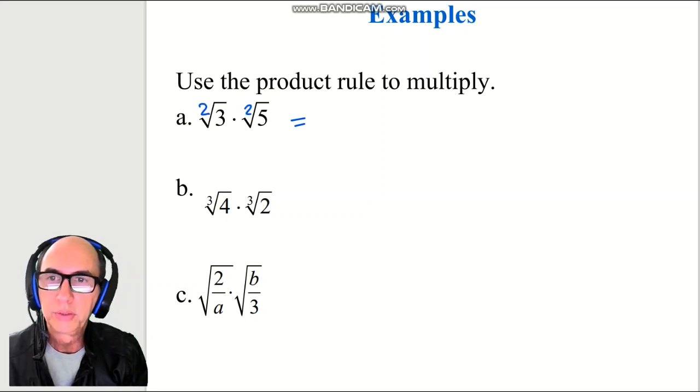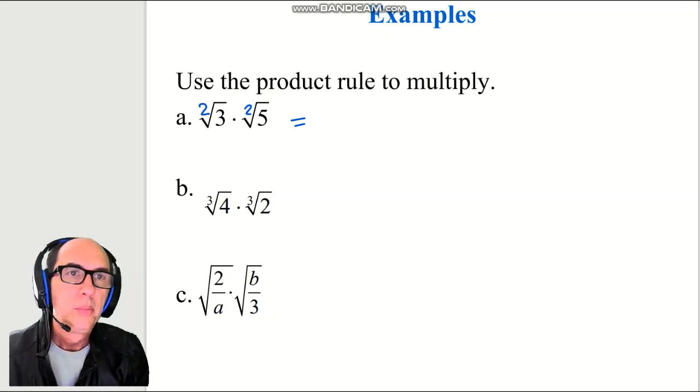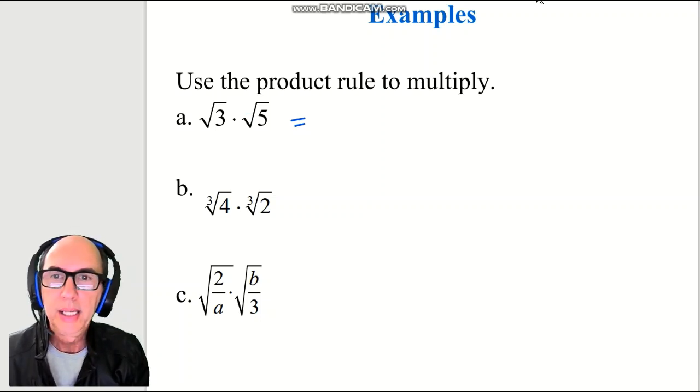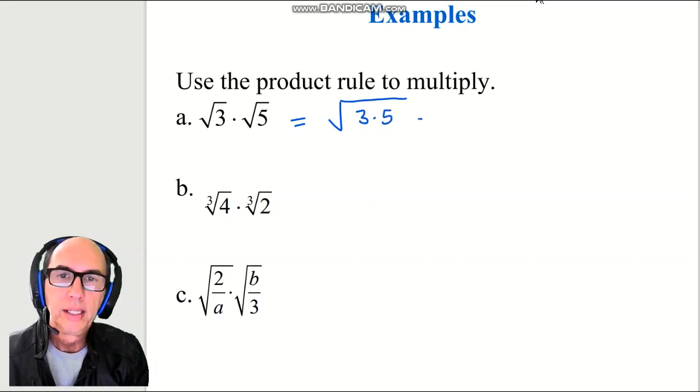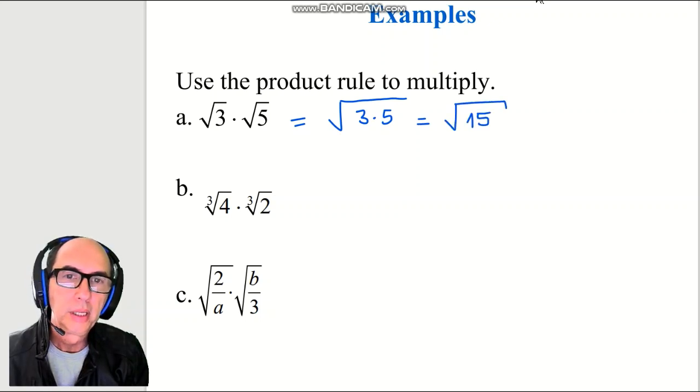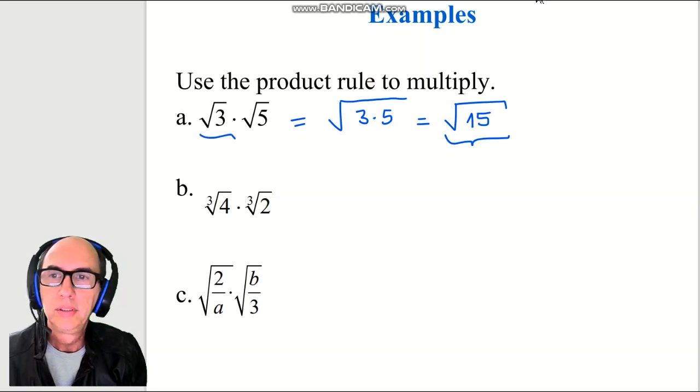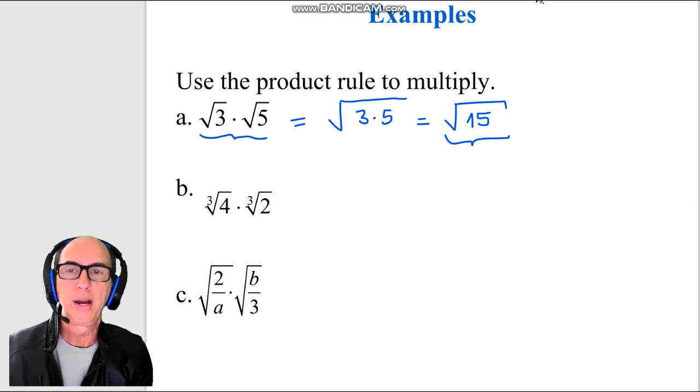The index of the square root is 2, but you don't need to represent it. They both have the same index, so you can write under the same square root 3 times 5, and that's equal to the square root of 15. It's a simpler way of writing the square root of 3 times the square root of 5.